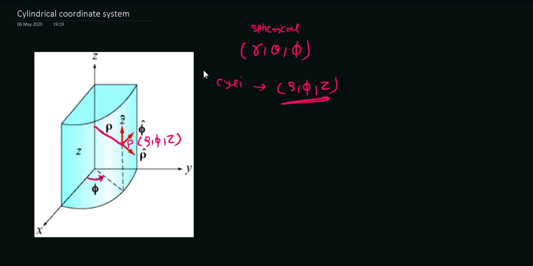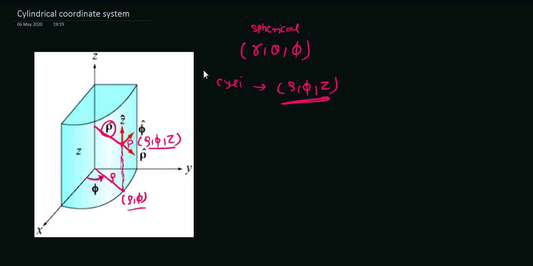So now if you take a projection of this point rho, phi, z onto the xy plane, you will have this point as rho comma phi, and this distance would be the same as this rho. Yes, because it is the perpendicular distance and this is the projection we have taken, so this distance would still be the same as rho.